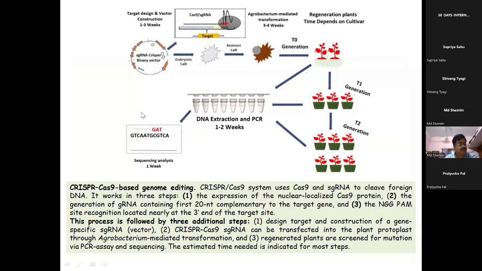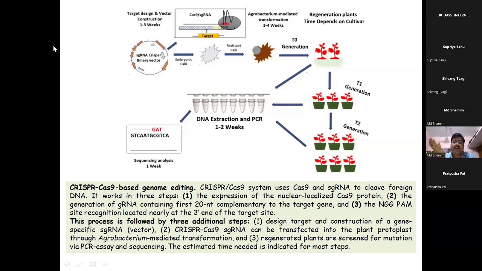So this is the simple method for CRISPR-Cas. We can design a target and vector, then introduce it in a host plant for precise changes with the help of genetic engineering, meaning Agrobacterium-mediated transformation.